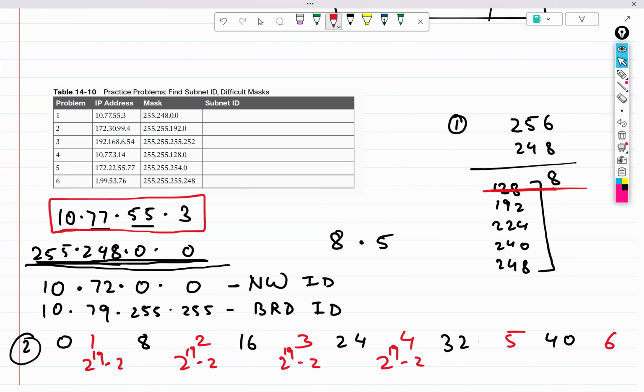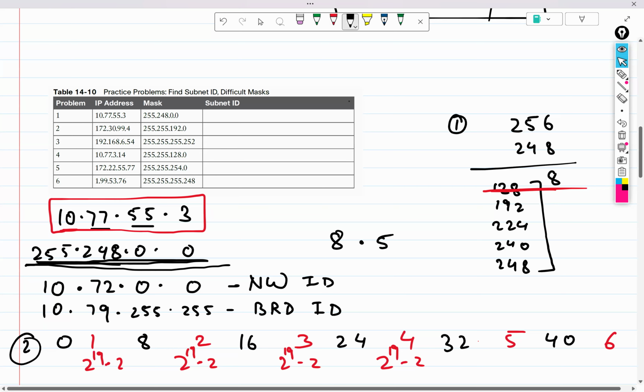If someone asks you, tell me the fifth IP address in the 28th subnet, you can still find that out using this simple calculation. Okay, let's try to solve one more, and I'll leave it up to you guys to ask me any questions. Let's solve the fourth one.